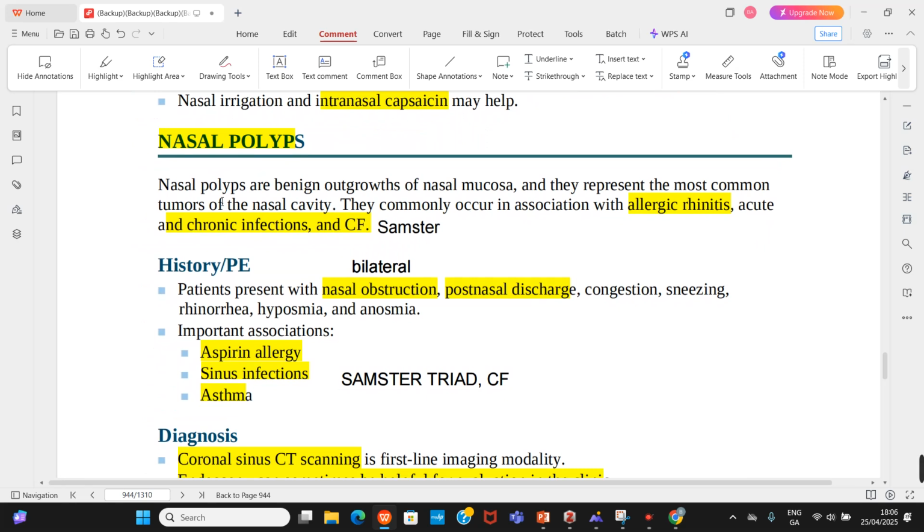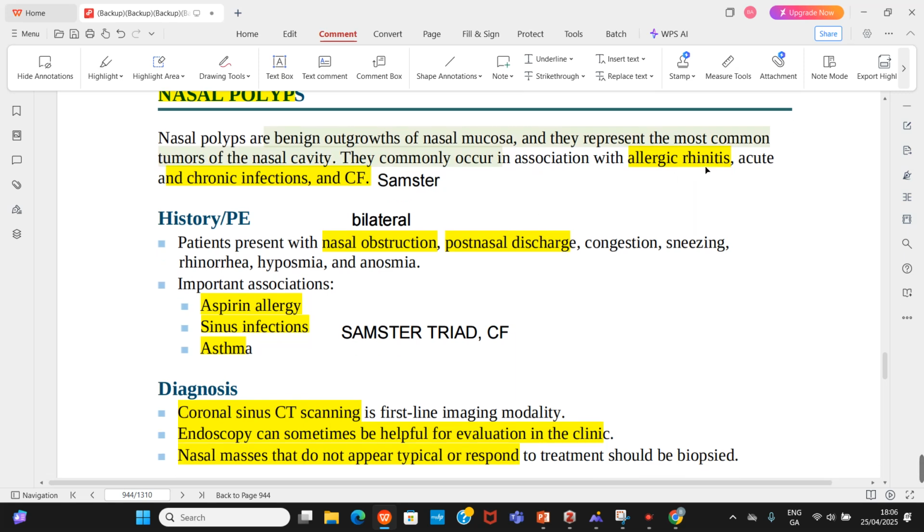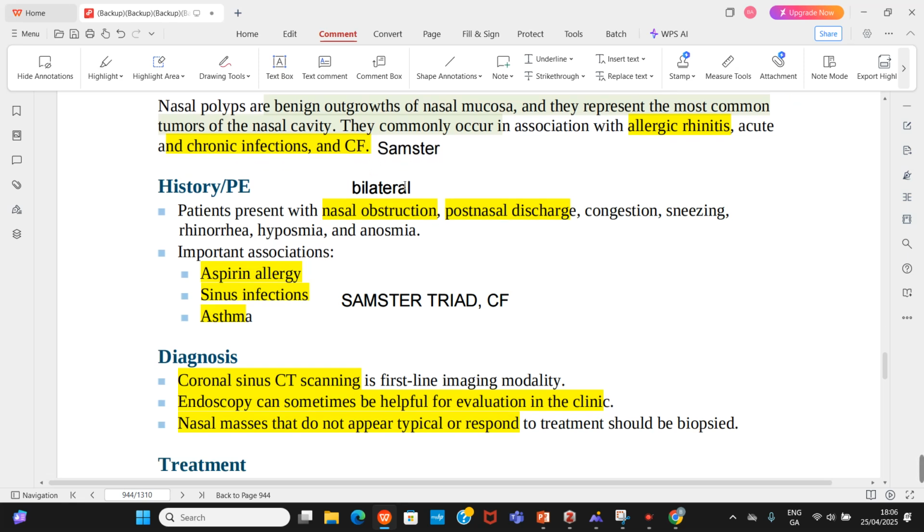Nasal polyps are benign outgrowths of the nasal mucosa, and they can be associated with allergic rhinitis, commonly cystic fibrosis, and people with chronic infection. We should not forget Samter's triad.